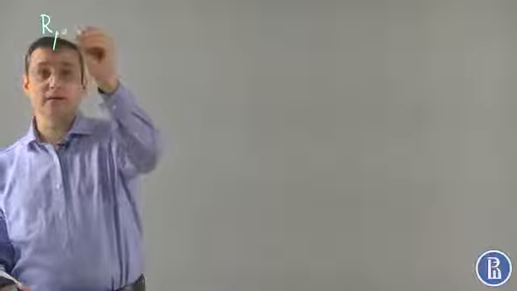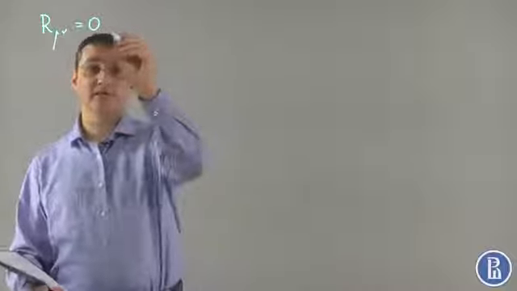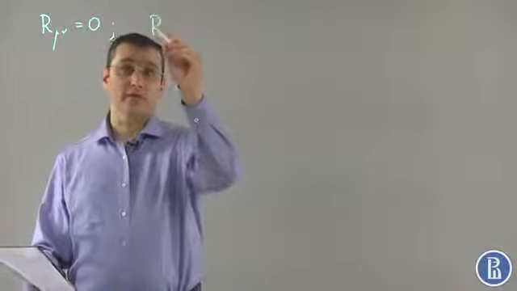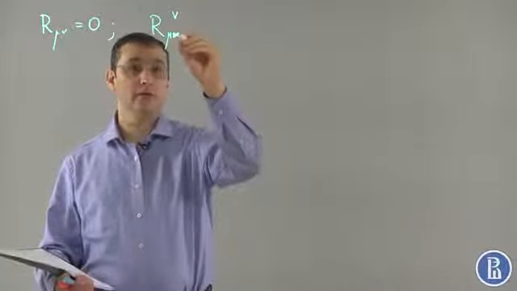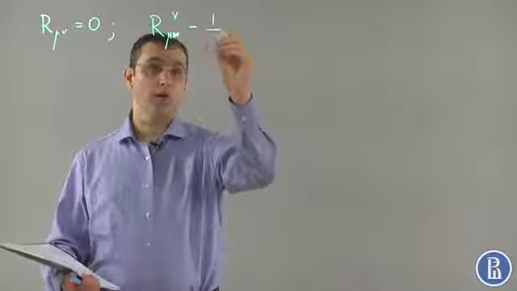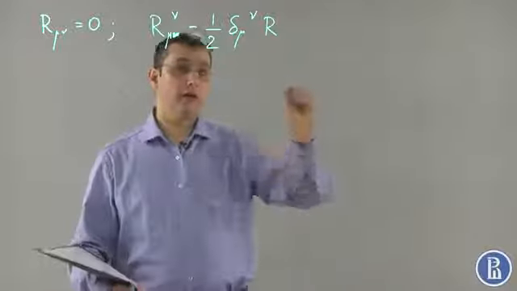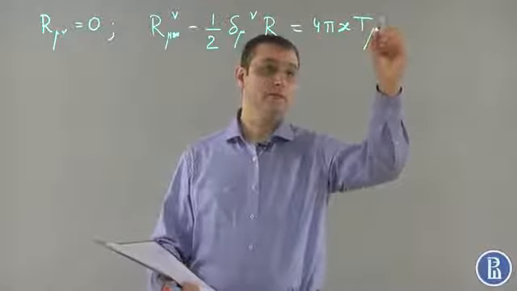So, to move further and for future convenience, for the future lectures, instead of writing this form of Einstein equations, let us write it in the form as if there is a non-zero energy momentum tensor. So we will write it in this form: R mu nu minus 1/2 delta mu nu R equals 4 pi kappa T mu nu.